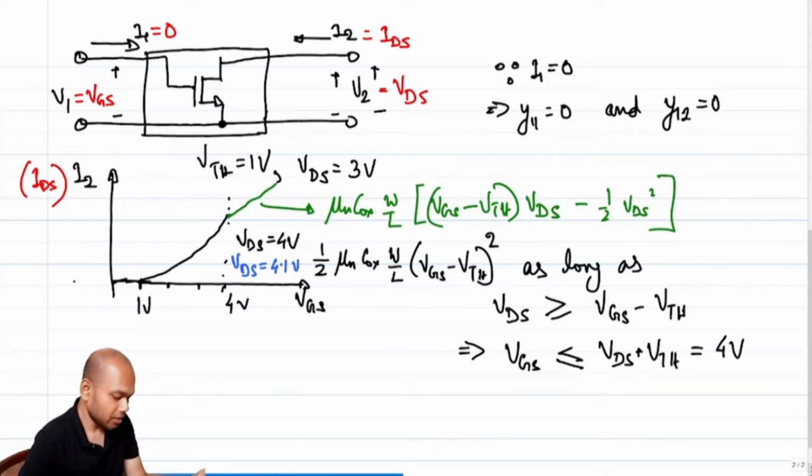You must have already figured it out that the saturation region current equation is independent of VDS, which means there will be absolutely no change as far as the saturation region condition is concerned. However, what's going to happen to the linear region condition?